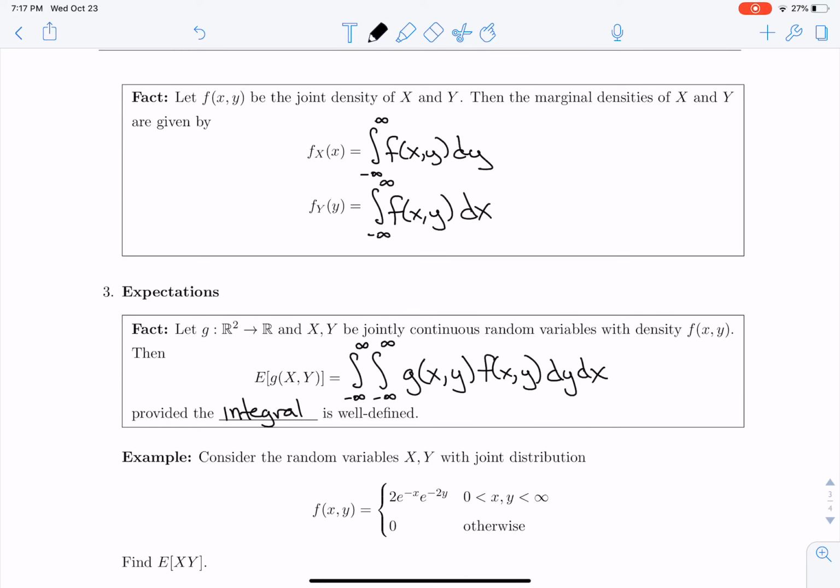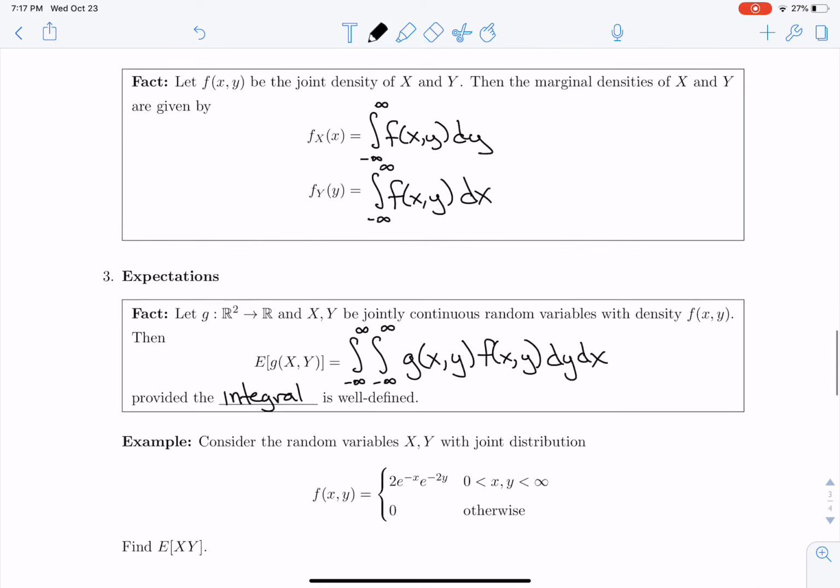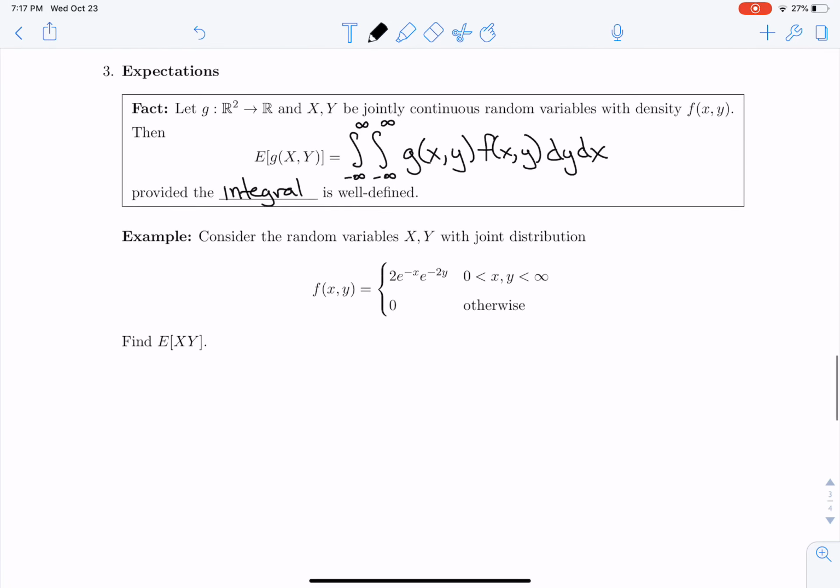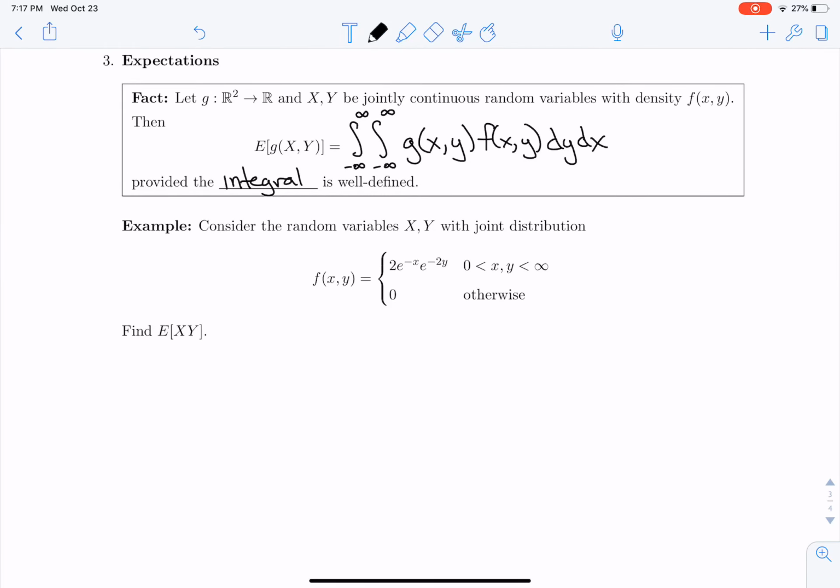Okay, so let's go back to our example where our joint density is f of xy equals 2e to the minus x e to the minus 2y. And let's find the expected value of x times y. So the expected value of xy is the integral from 0 to infinity, so integrating over all x's and all y's, of x times y times the density 2e to the minus x e to the minus 2y dx dy.